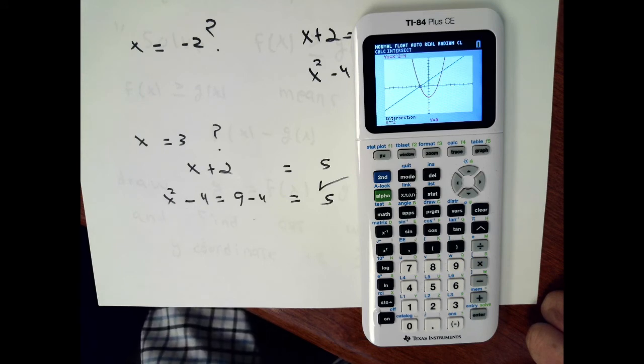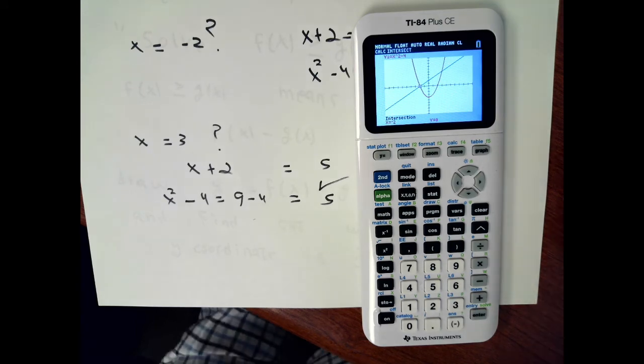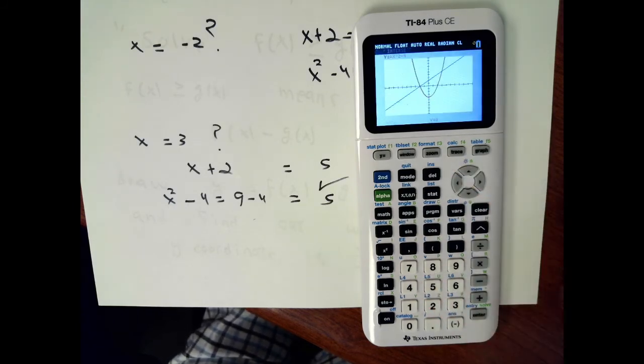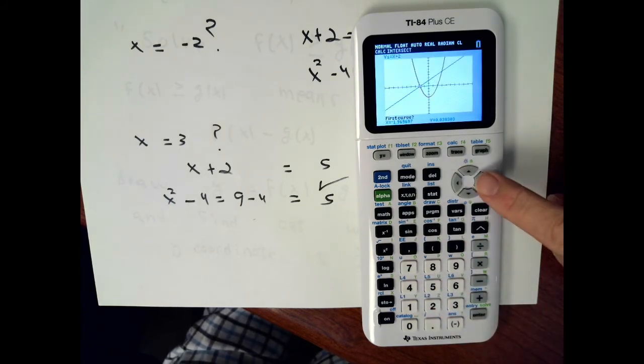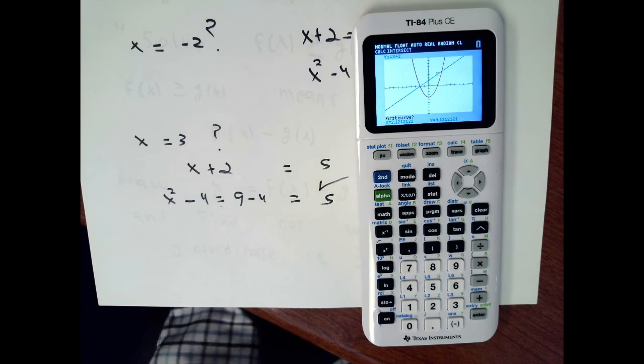To get the other one, this time I really do have to be a little bit careful about how I'm positioning things. So I'm going to say second calc. I'll do intersect again. Before I tell it first curve and second curve, I'm going to move over more closely to the other intersection point because I don't want to lock back in on the first one.